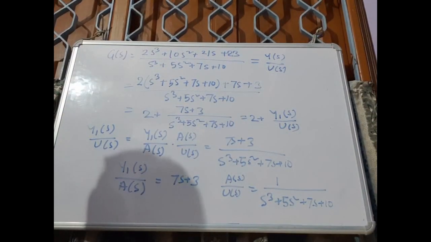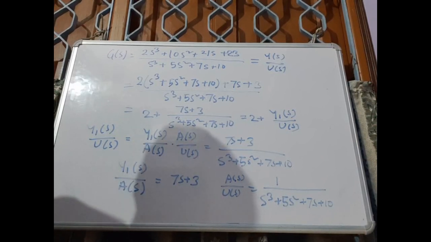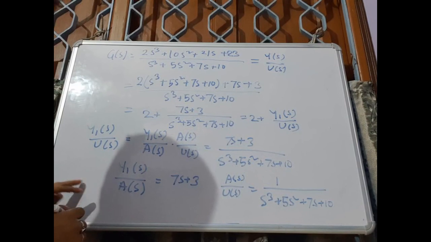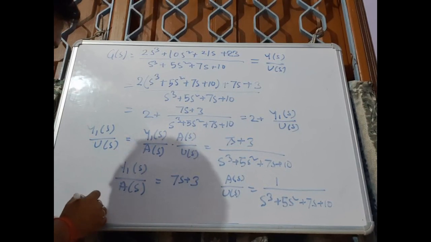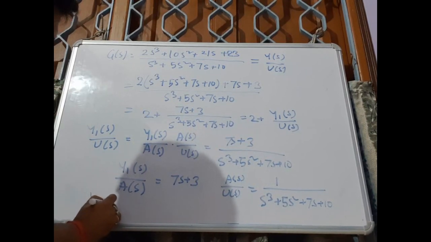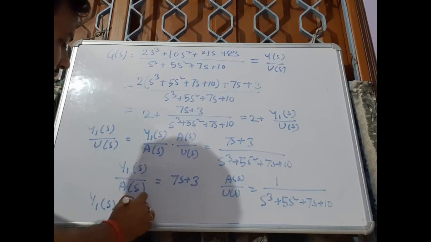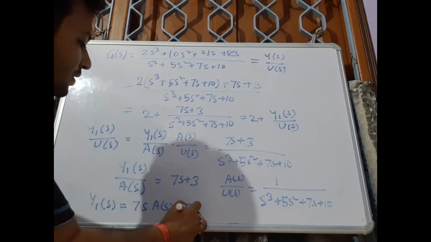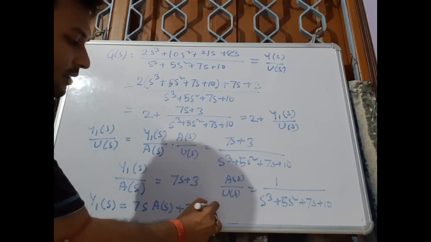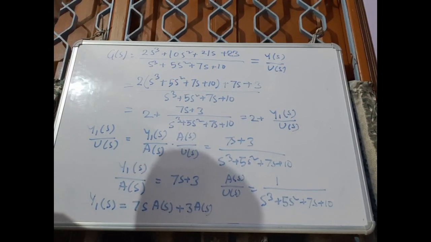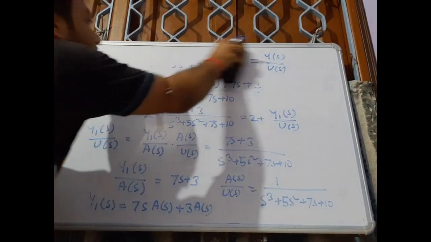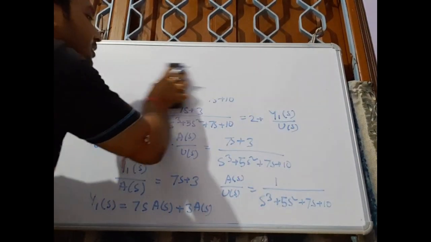Now this can be written as Y1(s) is equal to 7s A(s) plus 3 A(s), right? Now just erase this part.